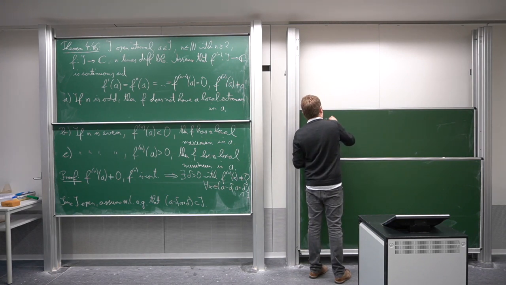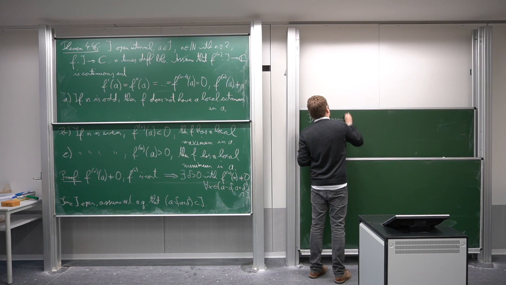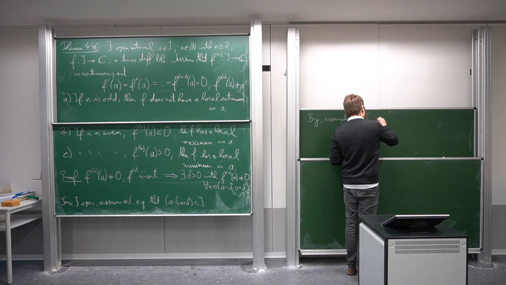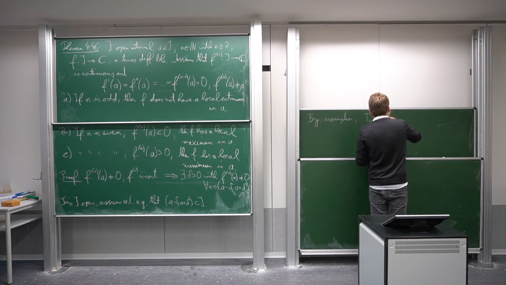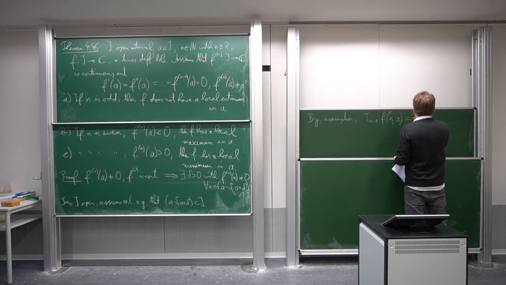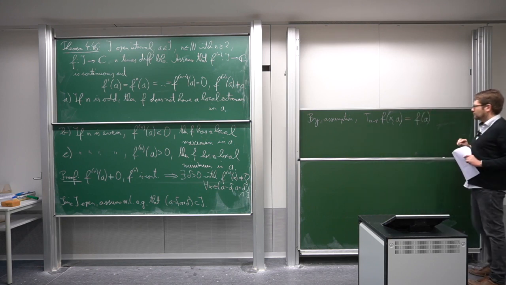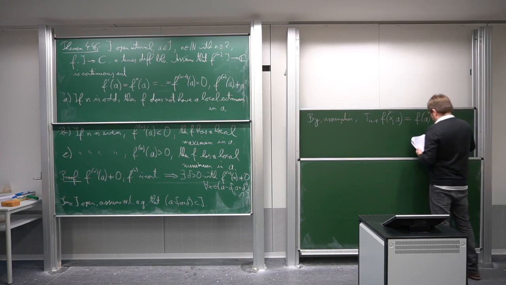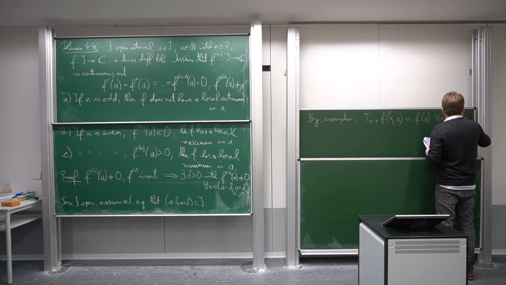So by assumption, T_{n-1} of f at x in A, this is simply f of A, because all the other summands involve the derivatives at A, which are vanishing. So this holds for all x in (A minus delta, A plus delta).